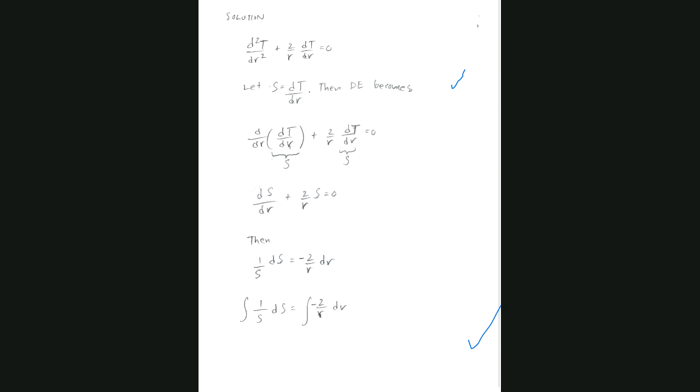You'll see this again. Okay, so now we have a first order differential equation that can be separated: 1 over S dS is equal to -2 over r dr. If you do a little work, separate the variables, you will get that.